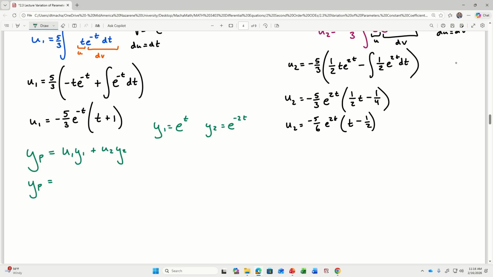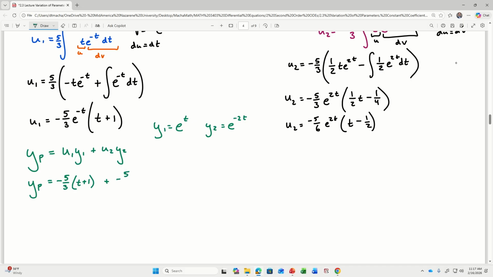So what would it look like to multiply u1 times y1? Well, e to the negative t is going to cancel out e to the t, right? So that first term is just going to be negative 5/3 times t plus 1. The second term, u2 times y2, well, u2 has e to the positive 2t. So when I multiply by e to the negative 2t, that's going to cancel.